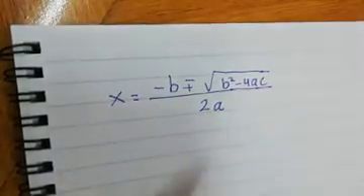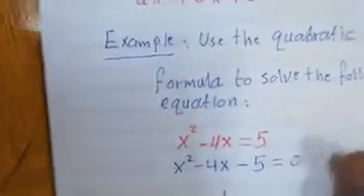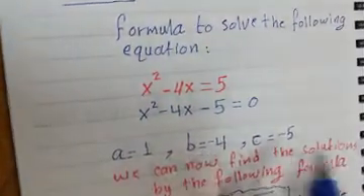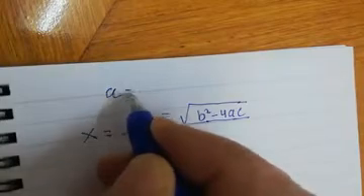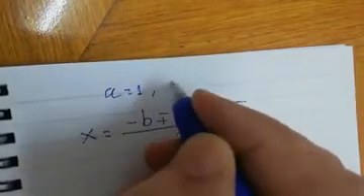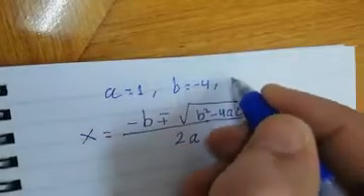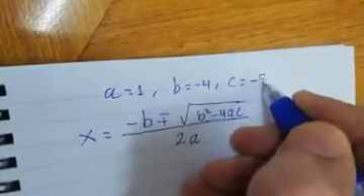And if you remember, we found that a is 1, b is -4, c is -5. I will write it all here. a is 1, b is -4, and c is -5.